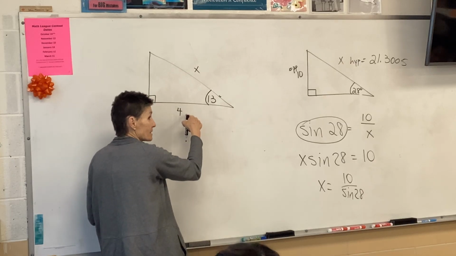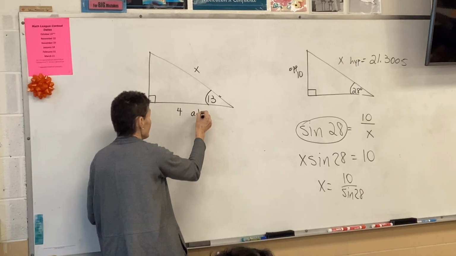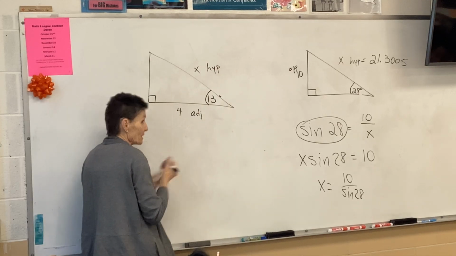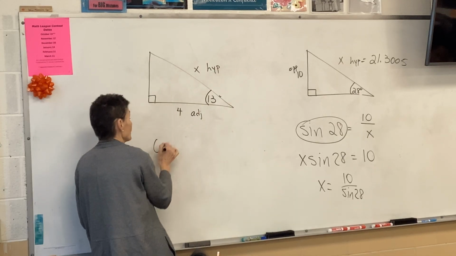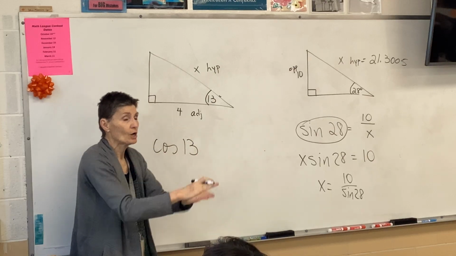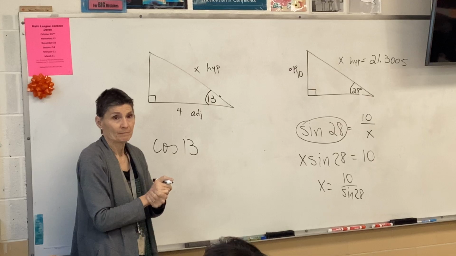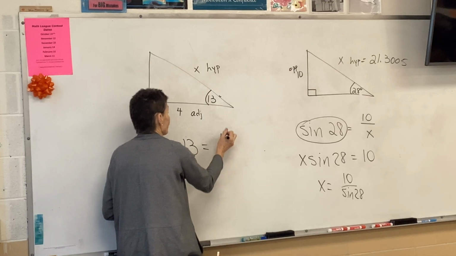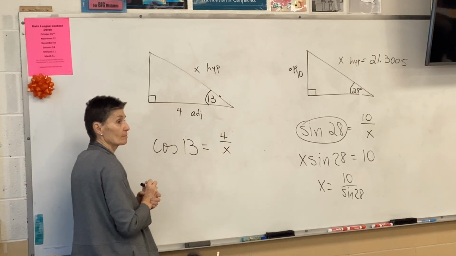Which side is this? Adjacent. And this is hypotenuse. That's cosine. So cosine 13, remember, the angle goes with the cosine. Cosine 13 equals 4 over x. Yep.